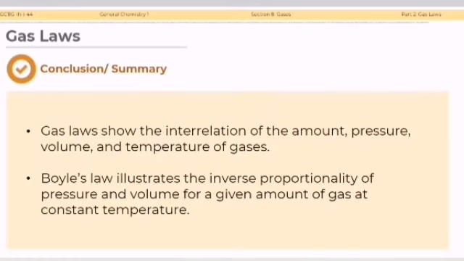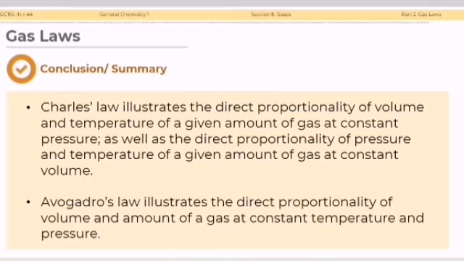To summarize, gas laws show the interrelationship of the amount, pressure, volume, and temperature of gases. Boyle's law illustrates the inverse proportionality of the pressure and volume for a given amount of gas at constant temperature.